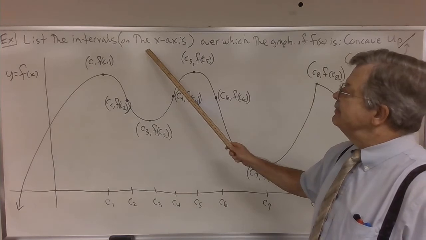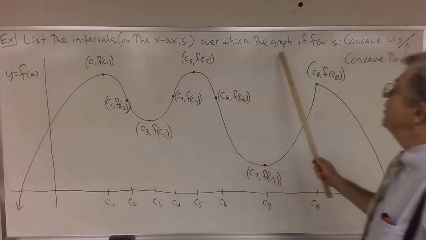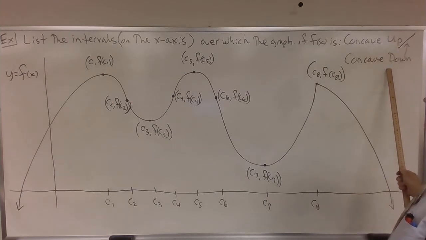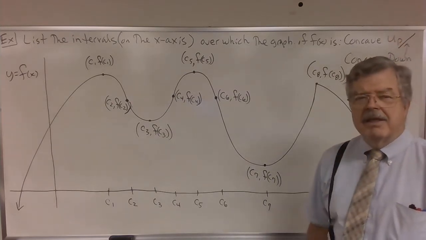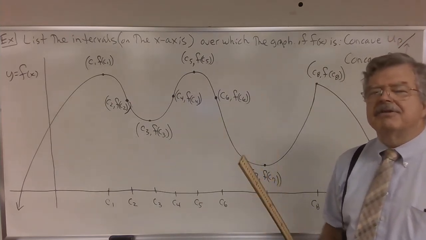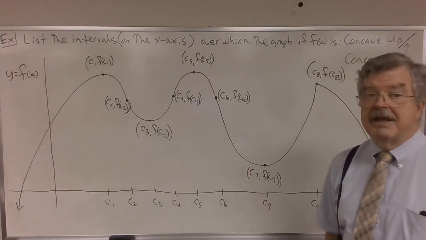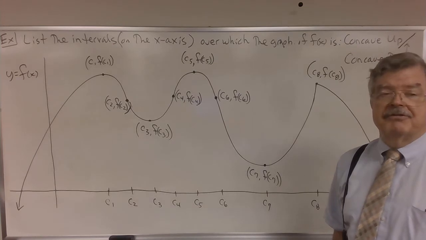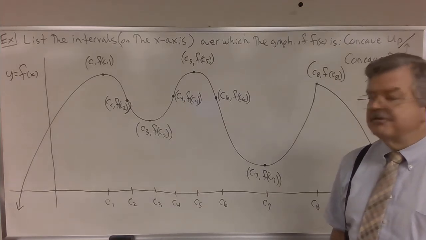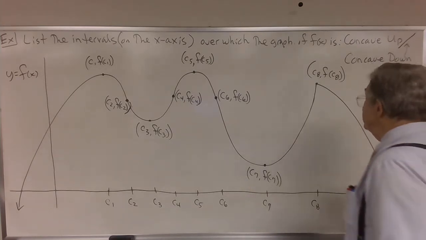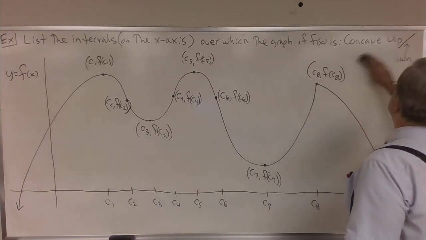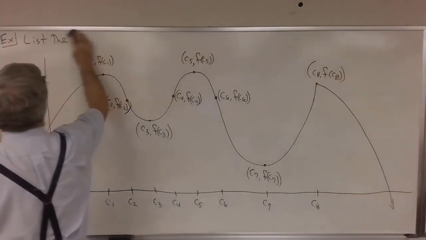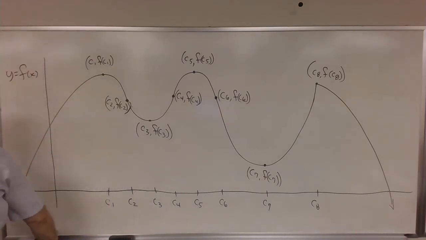List the intervals on the x-axis over which the graph of f of x is either concave up or concave down. So we're going to write down the intervals on which f of x is concave up, and we're going to write the intervals over which the graph of f of x is concave down. And just to give us a little bit of room here, let me erase this junk at the top.